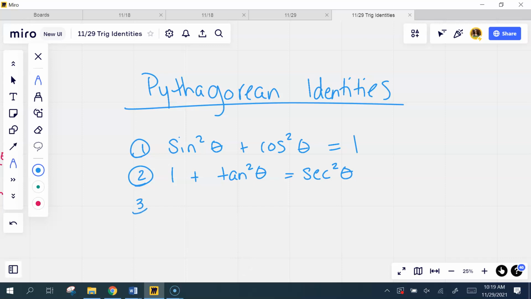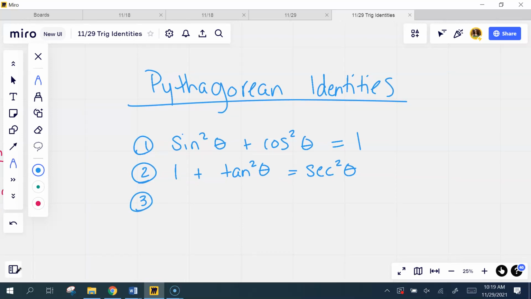And then the last one, the cotangent squared plus 1 equals cosecant squared. Notice all of these are squares.